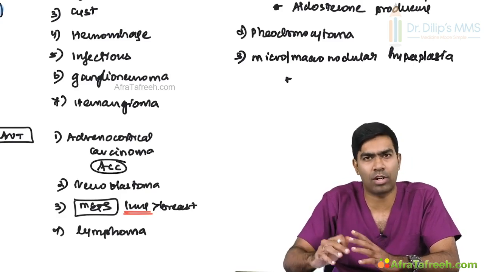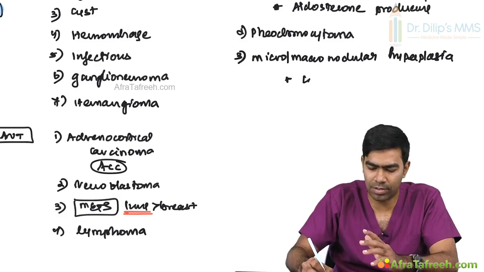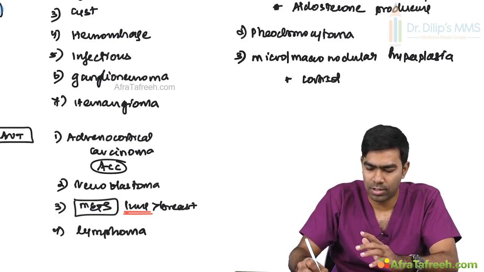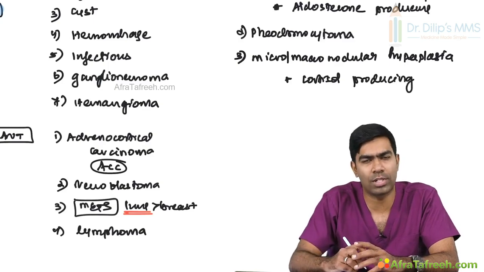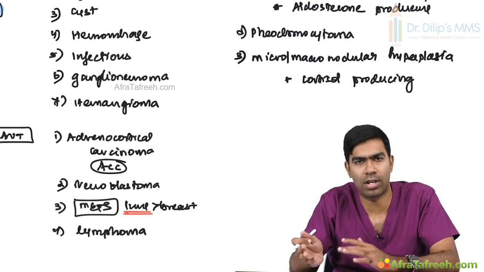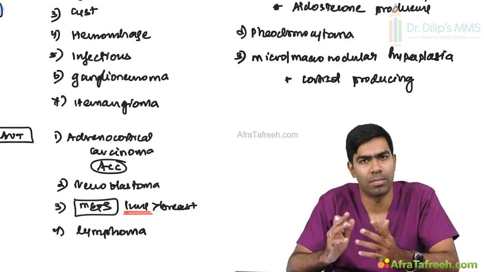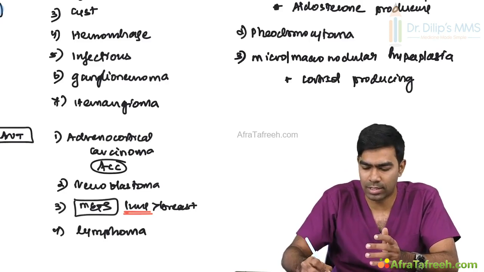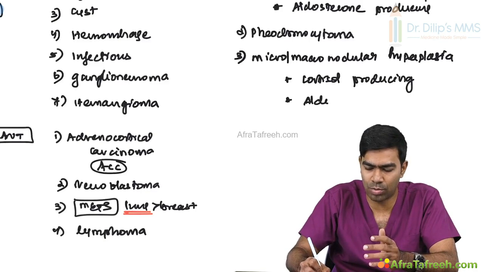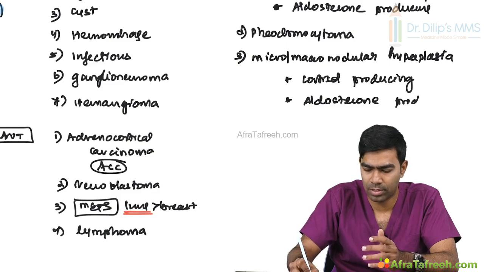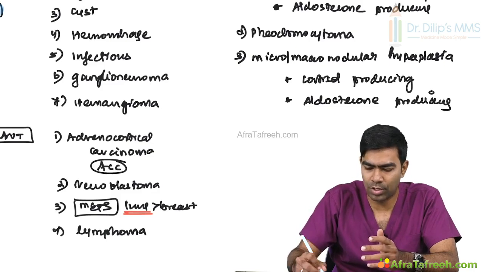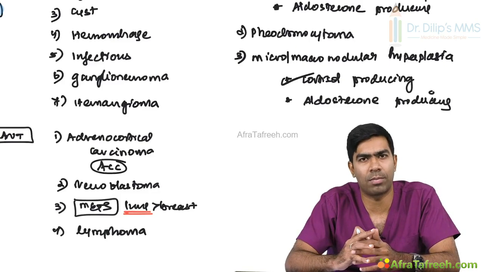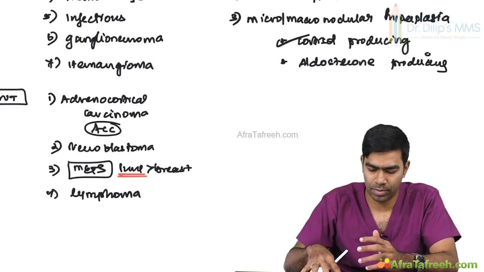Similarly, this micro and macronodular hyperplasia itself can be cortisol producing, where we have discussed extensively in the Cushing syndrome chapter what are the causes of micronodular hyperplasia as well as macronodular hyperplasia, the receptor level defects that are going to result in these conditions. Or it could be aldosterone producing also, which is highly possible, even though cortisol producing micro and macronodular hyperplasias are quite common.